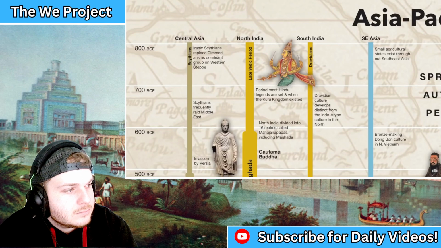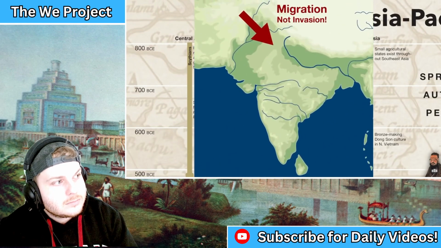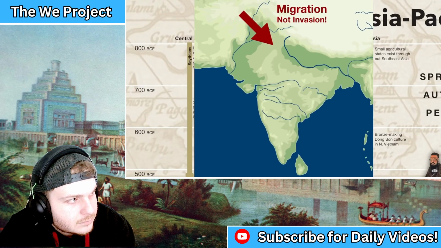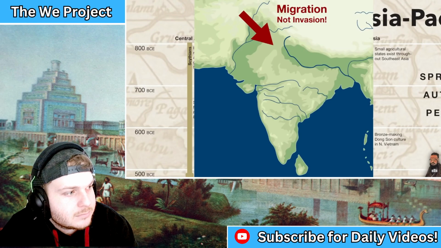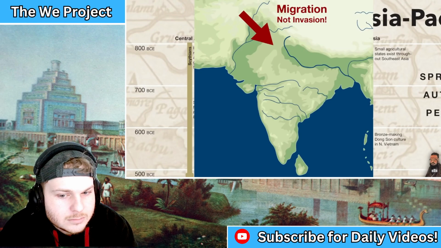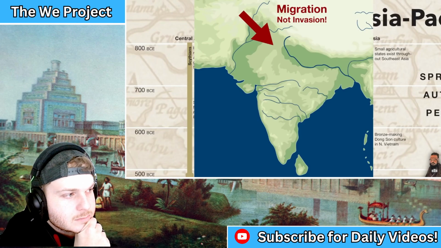This is simply untrue. There are clear linguistic and genetic connections between Europeans and North Indians, and this is likely due to Indo-Aryan speakers slowly migrating into the area for at least 1,000 years prior to the start of this chart, around the same time that the Indus Valley civilization was declining, perhaps due to climate change.